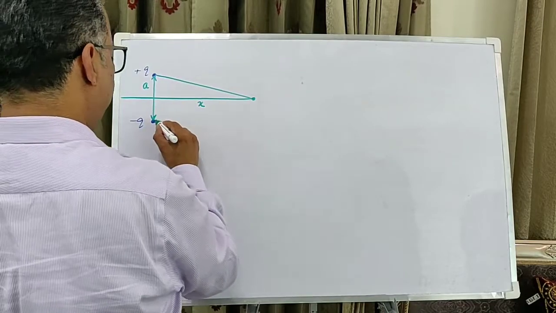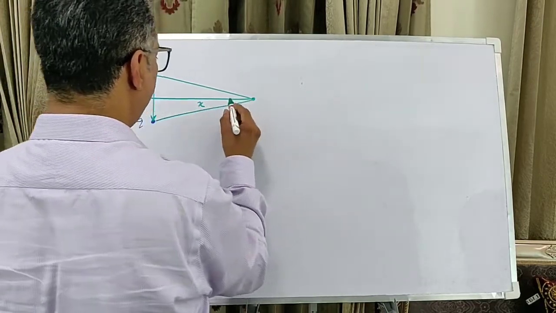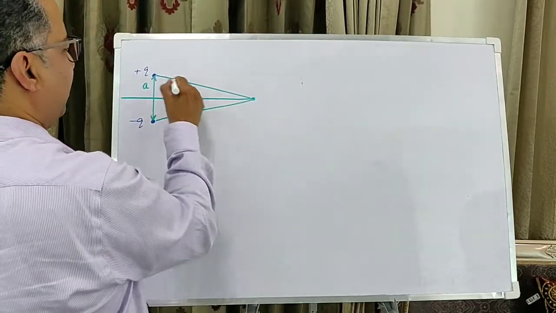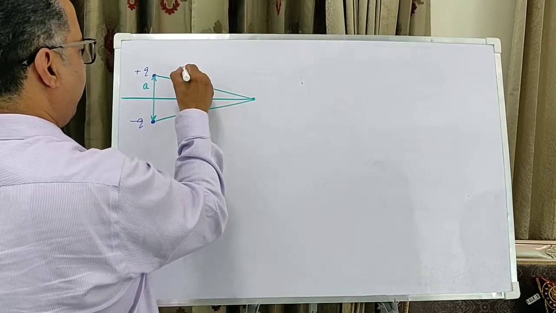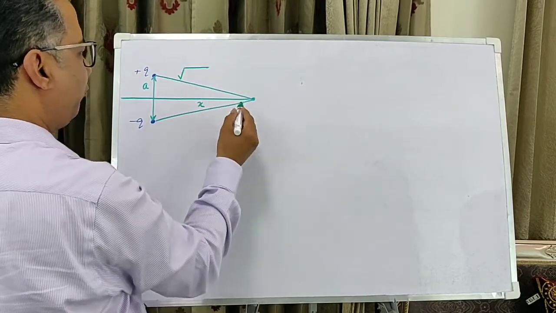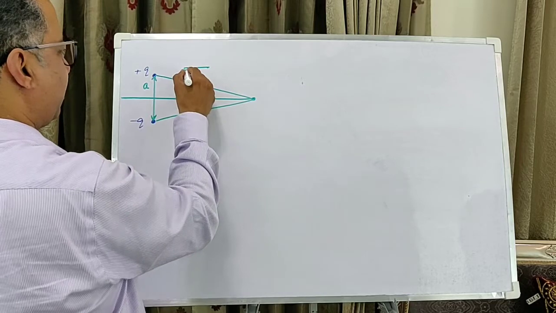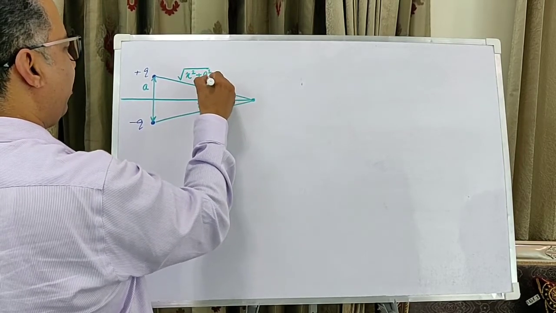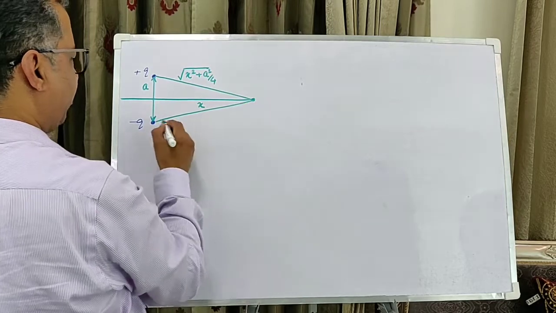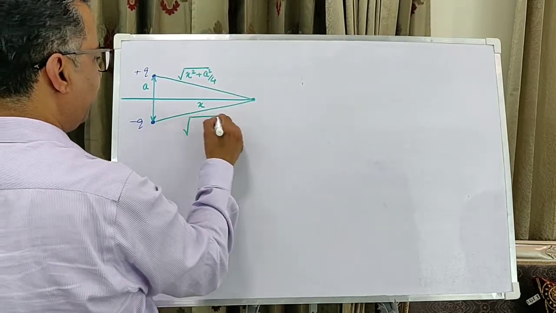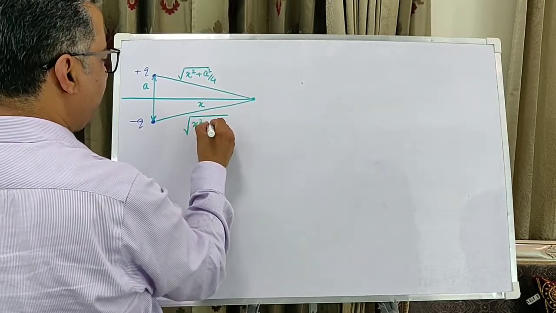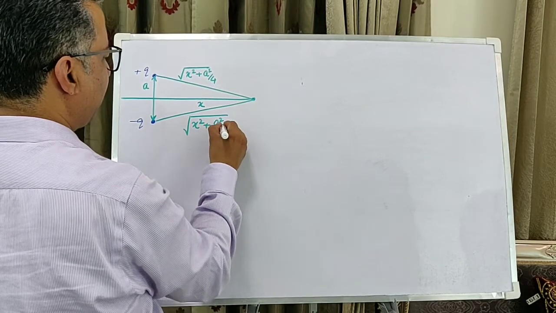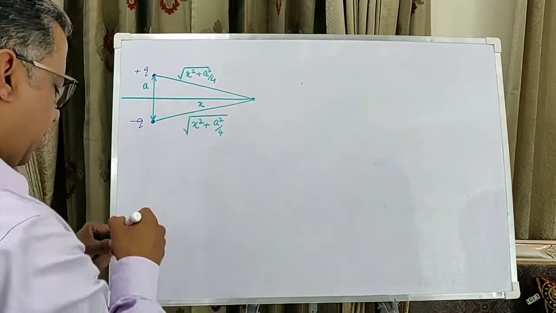Therefore, this length here will be root of x square plus a square by 4, and this length as well, same, root of x square plus a square by 4.